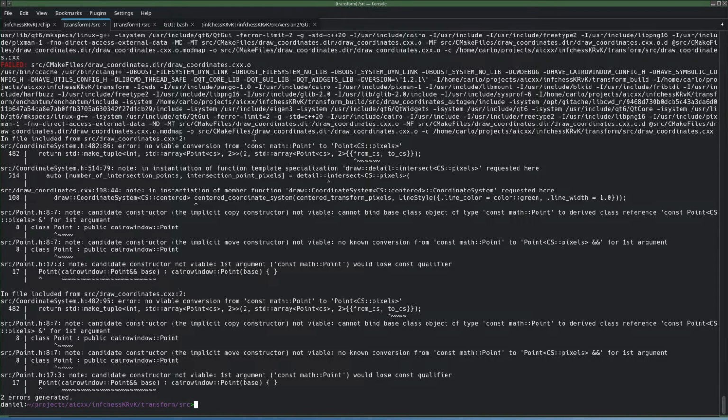No viable conversion from MathPoint to CS pixels. Yeah, this is not a temporary. Oh, that's why it has been failing all this time.